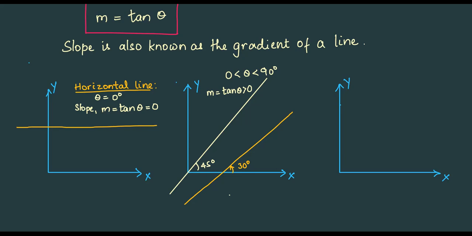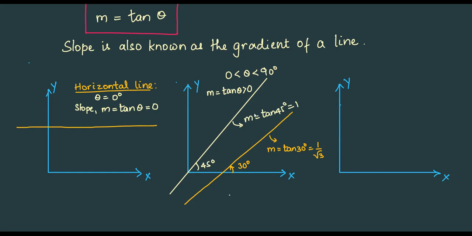So in fact, for this particular line, m is tan 30, and tan 30 degrees is 1 upon root 3. And for this line, m is tan 45, and tan 45 is 1. Okay.